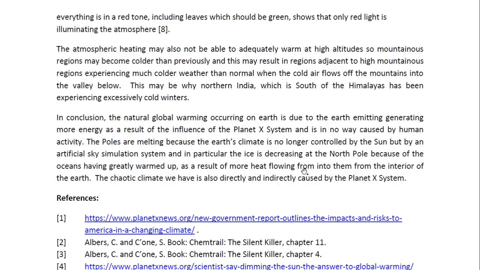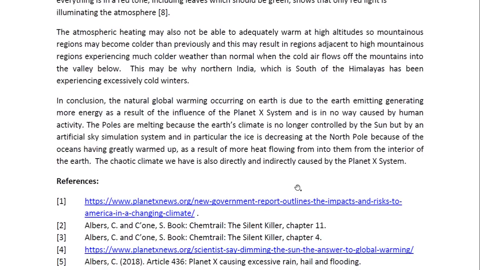In conclusion, the natural global warming occurring on Earth is due to the Earth emitting and generating more energy as a result of the influence of the Planet X system, and is in no way caused by human activity. The poles are melting because the Earth's climate is no longer controlled by the sun, but by an artificial sky simulation system.